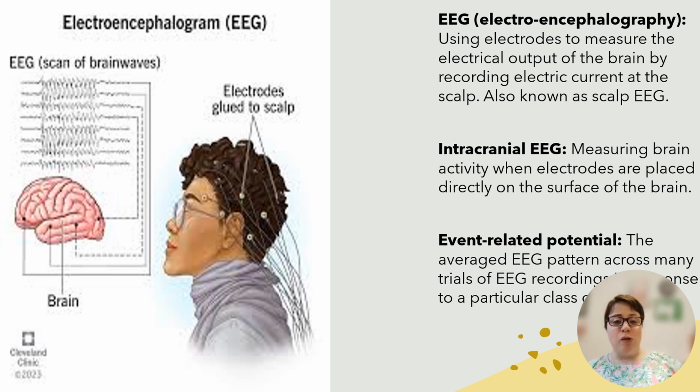Once the trials have been averaged together, the resulting data presents a picture of how electrical activity changes over time in response to that stimulus. So for instance, ERP can be used to plot or probe the time course of cognitive processes in the brain.